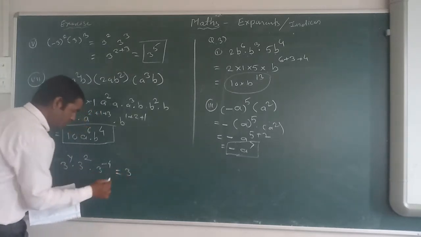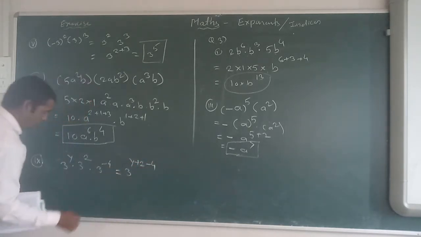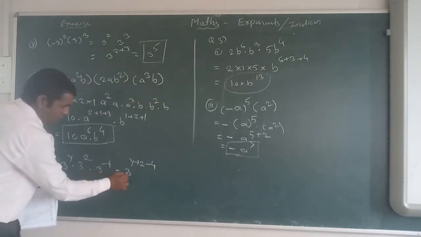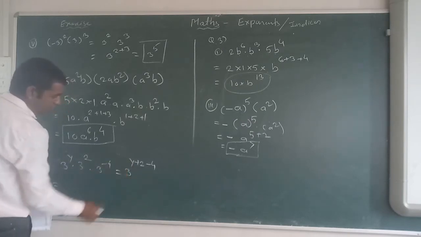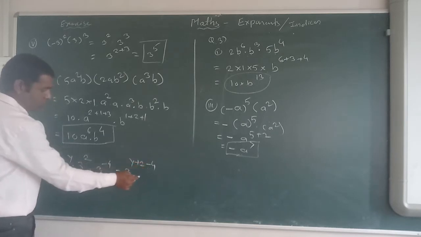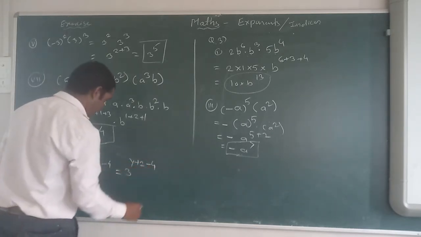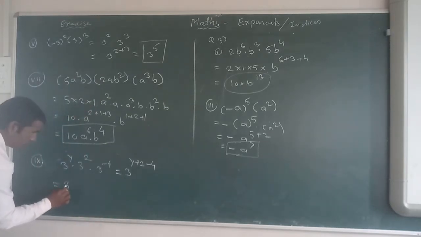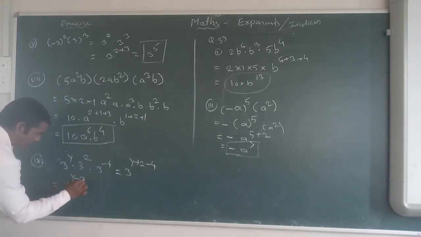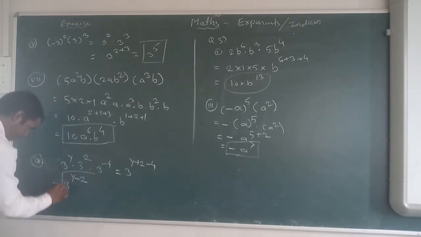So 3 raised to y plus 2 minus 4. Next step, 2 minus 4 is not possible, so 4 minus 2 and then give the bigger number's sign. That's why 3 raised to y minus 2. This is your final answer.